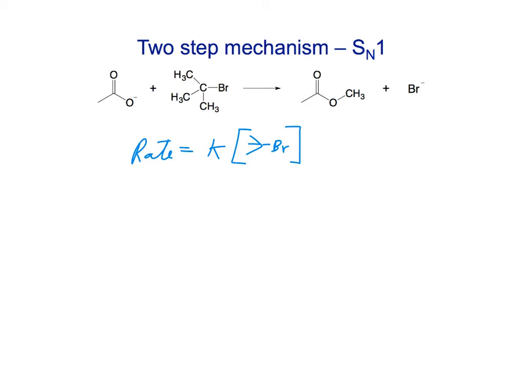Notice that the nucleophile does not show up in the rate expression or the rate law. No nucleophile here. So this tells us that the nucleophile is not part of the rate determining step.